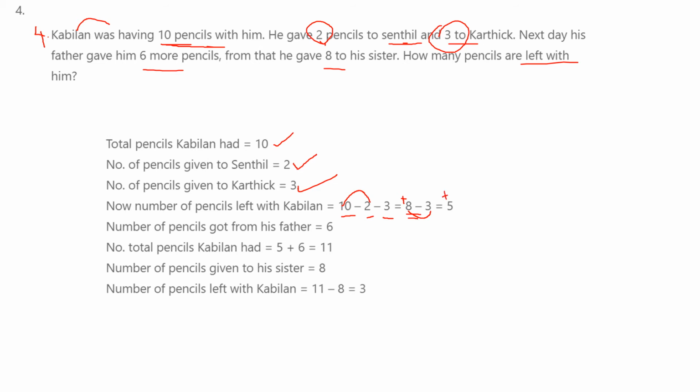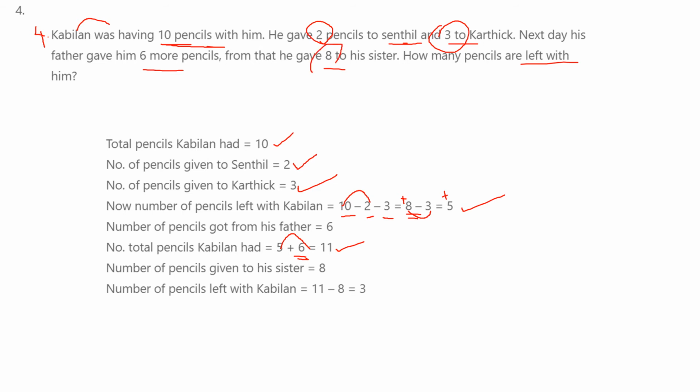After that, father gave him 6 more pencils. Now he had 5 pencils. Father gave more pencils, 6. So number of pencils got from his father 6, and now the total pencils Kabilan had is 5 plus 6, 11. Last, from that he gave 8 to his sister.